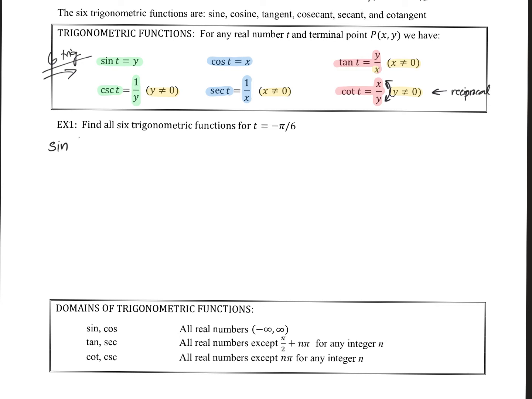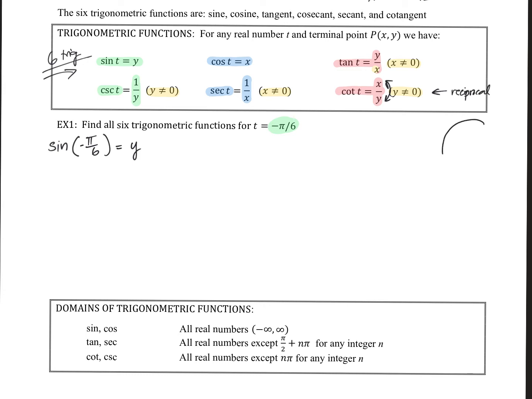Sine of t, and in this case, t is equal to negative pi over 6. So sine of negative pi over 6 is going to equal y. Well, I need to figure out what x and y are at this t value.